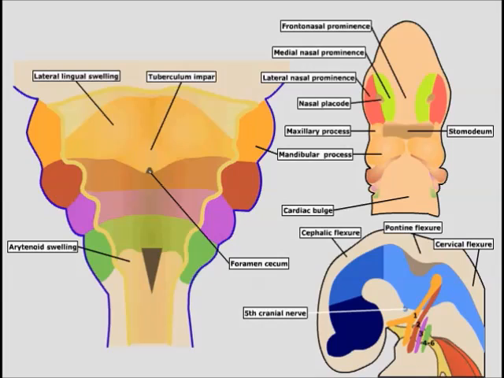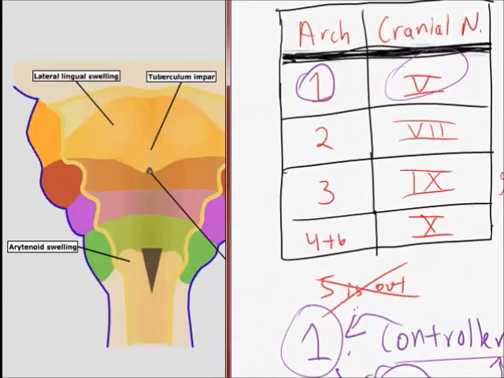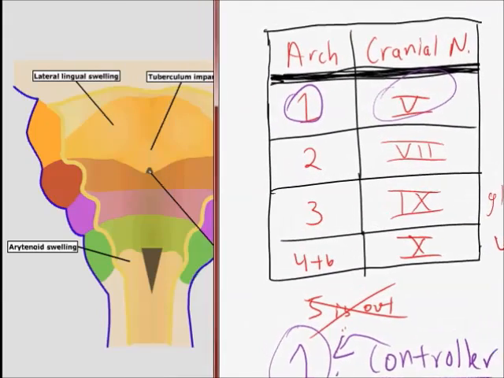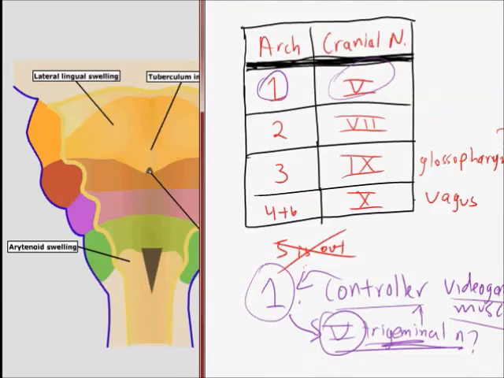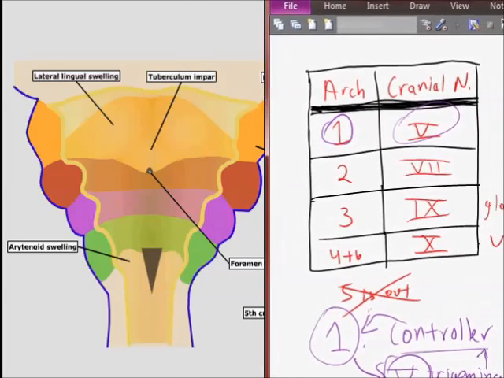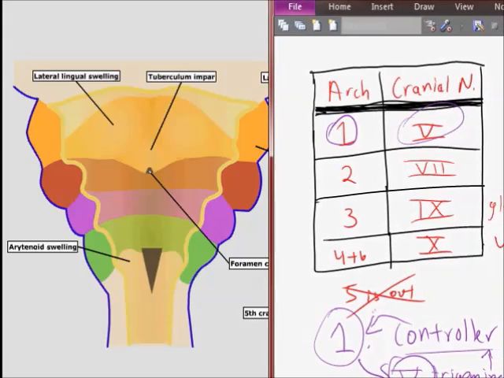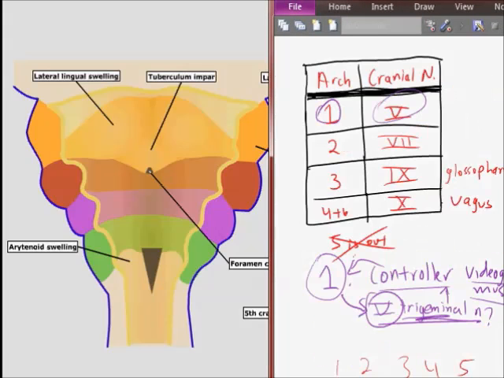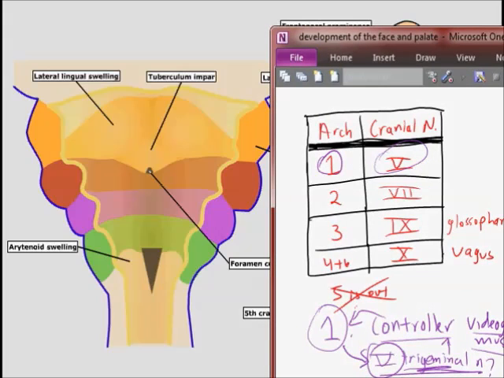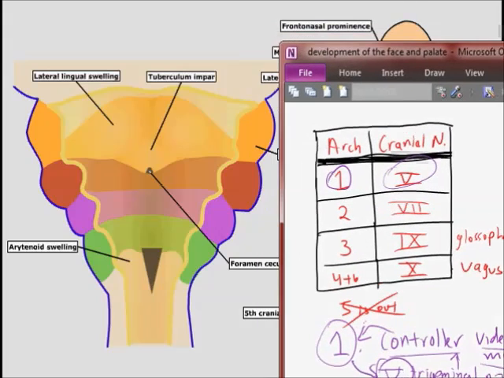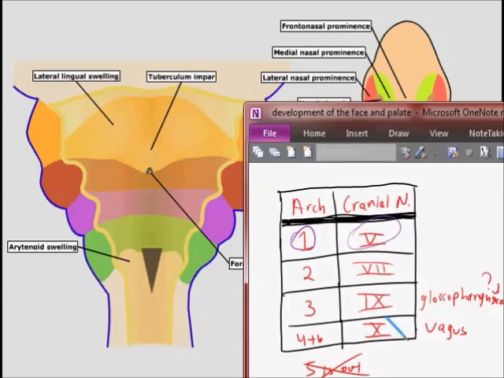Remember what I told you about this right here? If I can get this in here, that'd be nice. I don't know if you can see it or appreciate it, but I'm going to try my best. See how arch number 1, that's up here, this orange one.